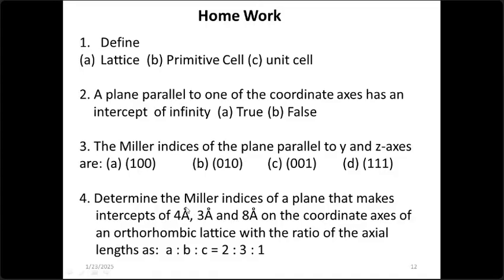Now, question number 4, determine the Miller indices of a plane that makes intercepts at 4 Å. Anybody who can tell me what this is? This A with a small dot at the top, what do we call it?